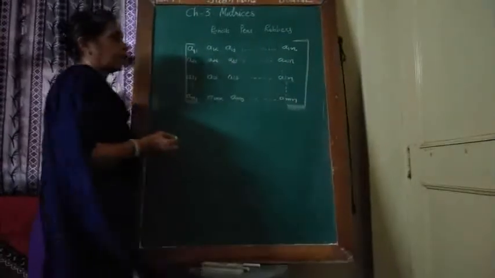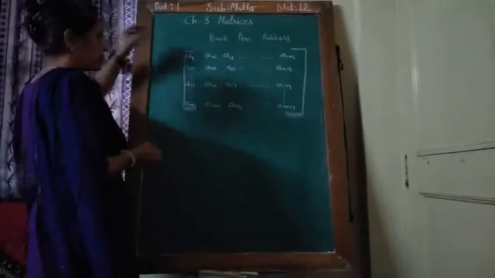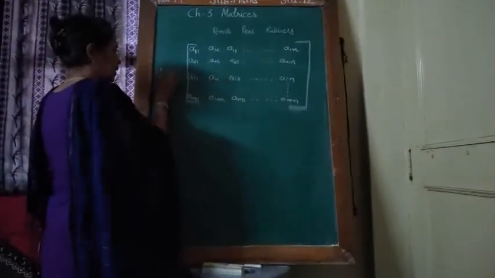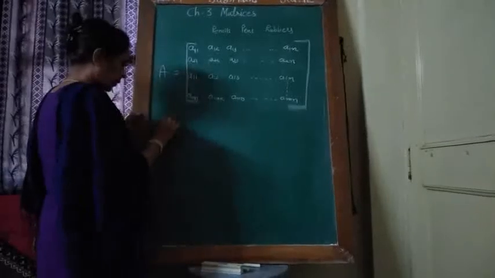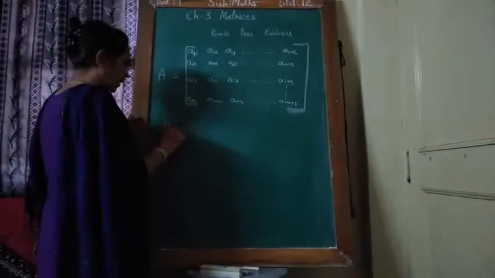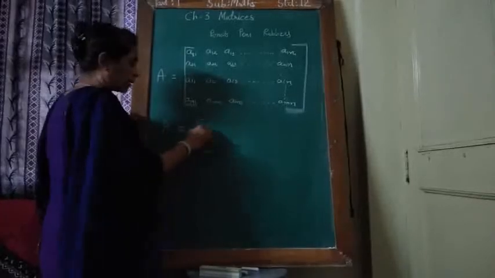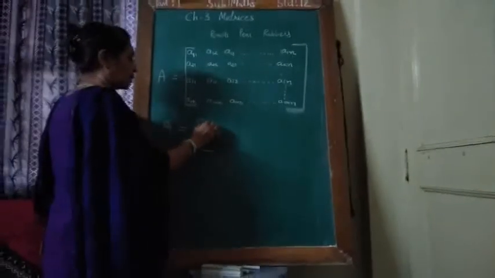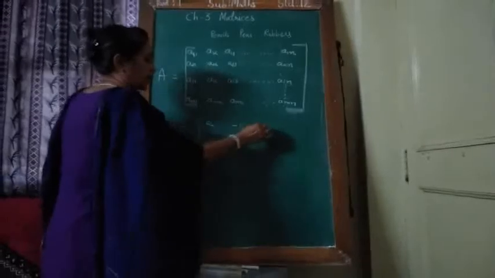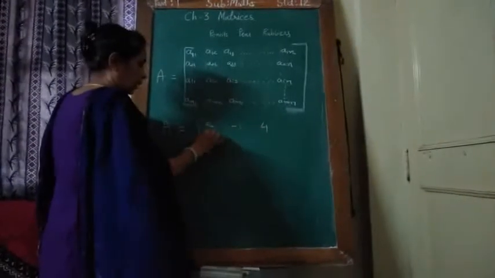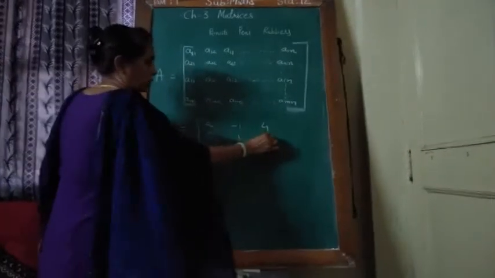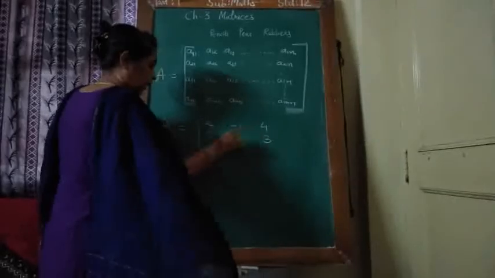So this way we can represent each element. Suppose I write this matrix as A, a matrix of order 3 cross 2. That means 3 rows and 2 columns. Suppose I write the elements 2, minus 1, 4, 0, 1, 3.